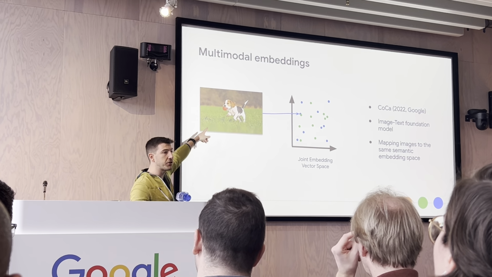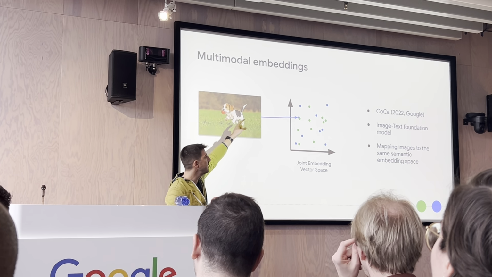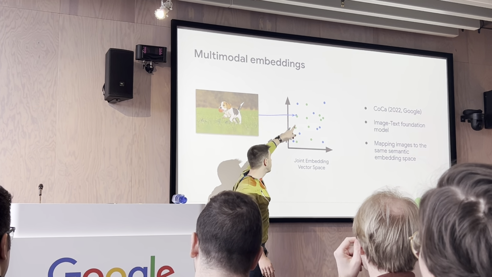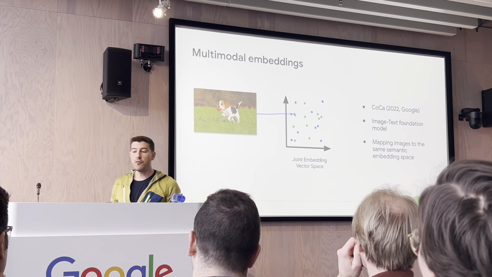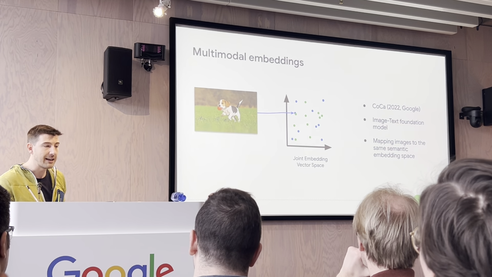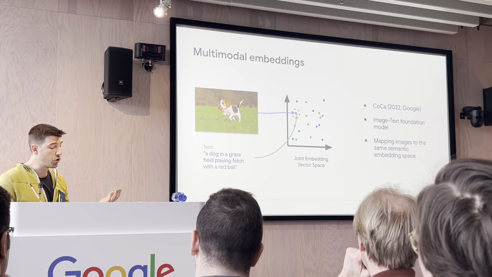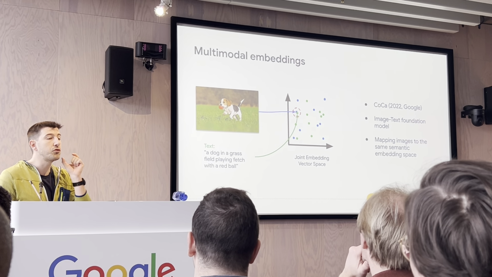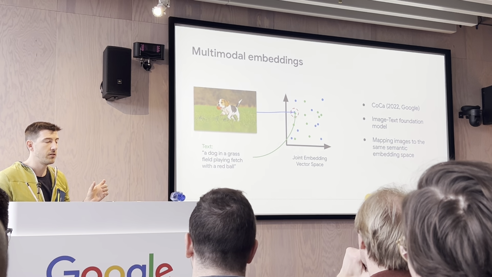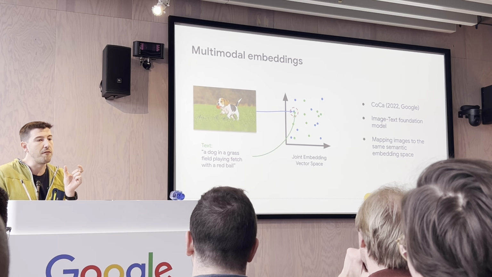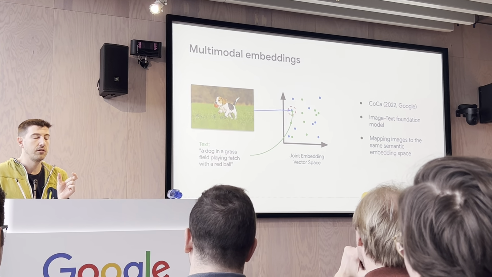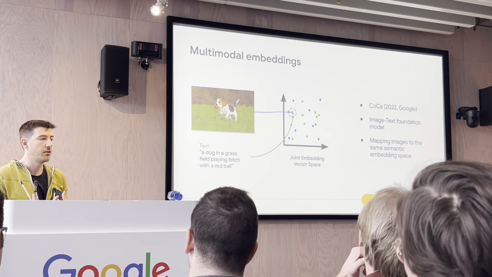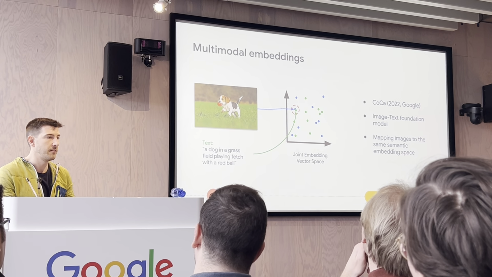When we have a picture like this, and we feed it into the CoCa model, we come up with a representation in a two-dimensional space with a point here. And if we take another modality, like a string, like a dog in a grass field plays fetch with a red ball, this string, which has nothing to do with this image, maps to a very, very close point to this image, because the semantic meaning of both is very, very close to each other.